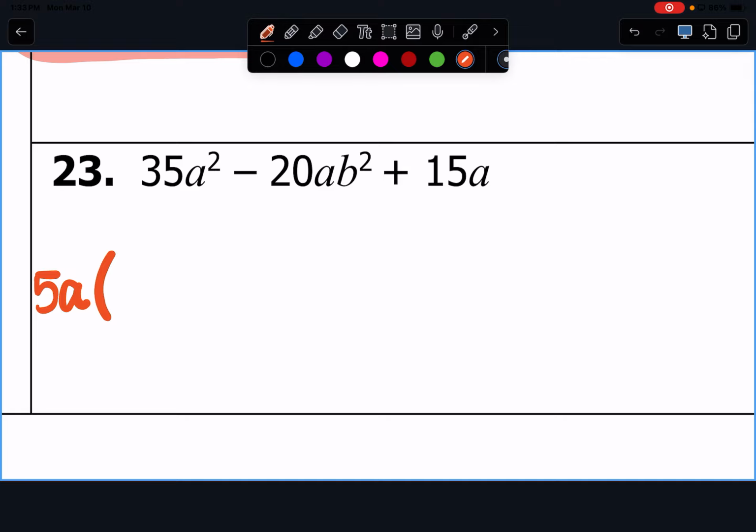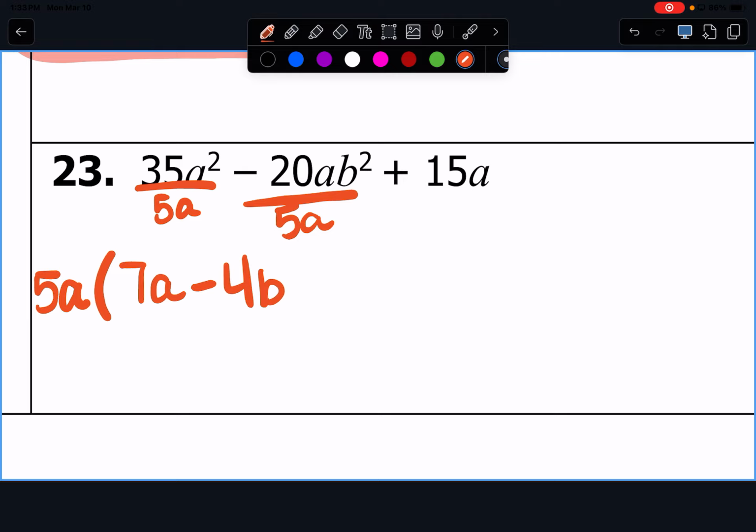Then what is 35a squared divided by 5a? 7a. What is negative 20ab squared divided by 5a? Negative 4b squared. 15a divided by 5a? Plus 3. And that is our answer.